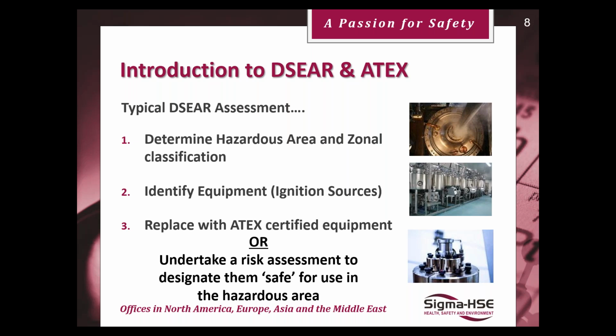Or you can undertake a risk assessment to designate them safe for use in hazardous areas. And this is the topic of our webinar today: the risk assessment methodology, the standard, the procedure, and some learnings. I'll also be sharing with you my insights on how to undertake it. We will have a worked example in this webinar.